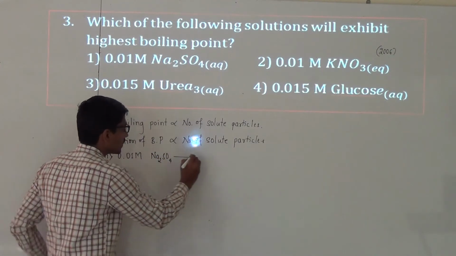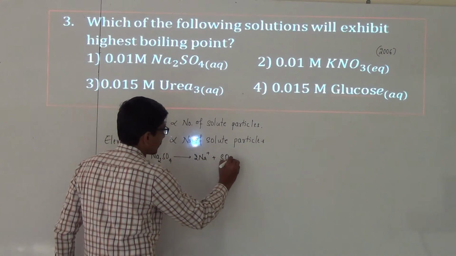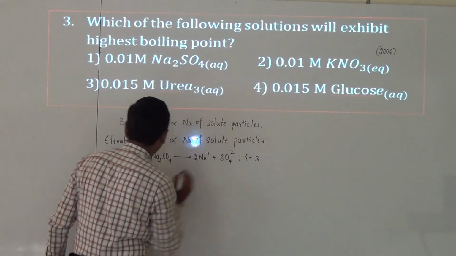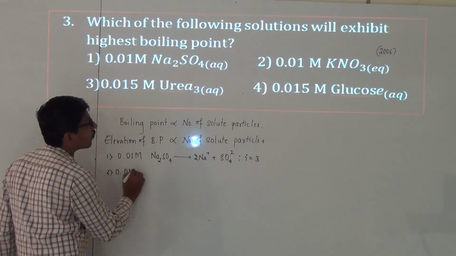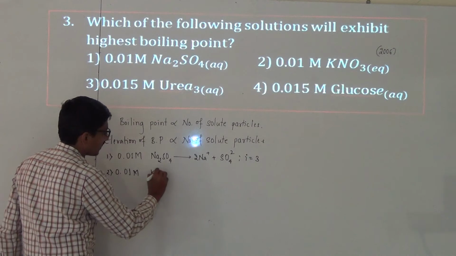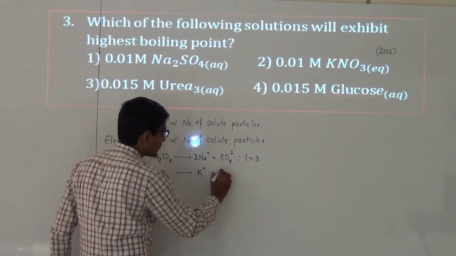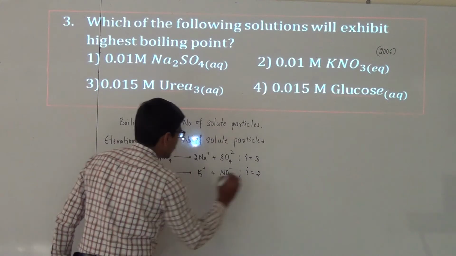Na2SO4 is dissociated into 2Na plus and SO4 2 minus. The van't Hoff factor is 3. Second one is 0.01 m KNO3. This is also dissociated into K plus and NO3 minus. i is equal to 2.